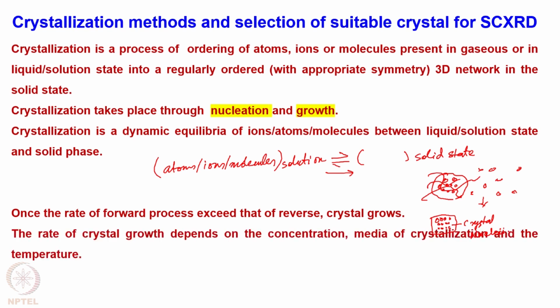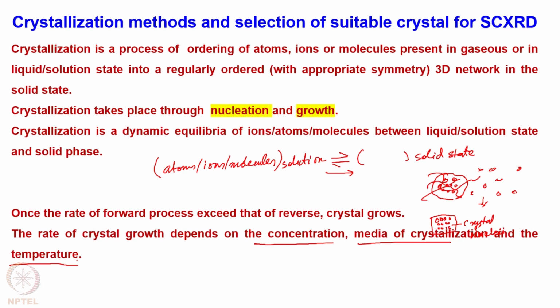So the rate of crystal growth depends on various factors like the concentration, the media of crystallization, and the temperature of crystallization. So higher the concentration of solute, faster is the crystallization process.